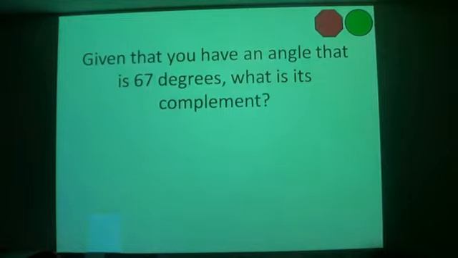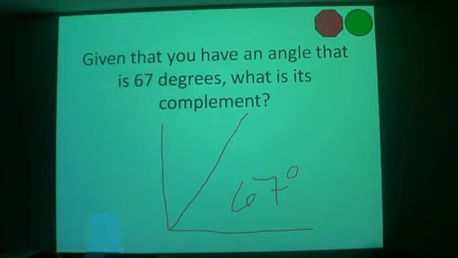Given that you have an angle that is 67 degrees, what is its complement? Now, it simply becomes a geometry problem.